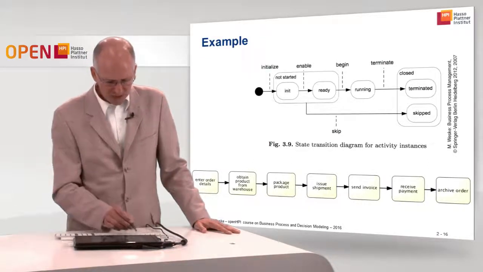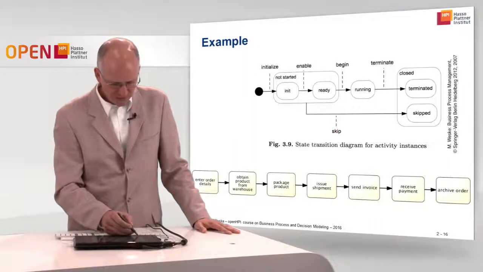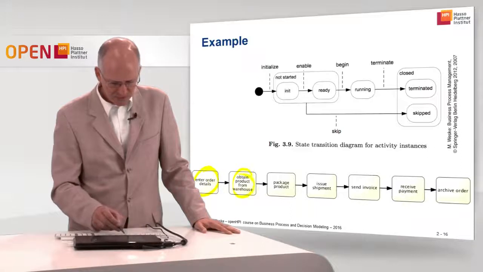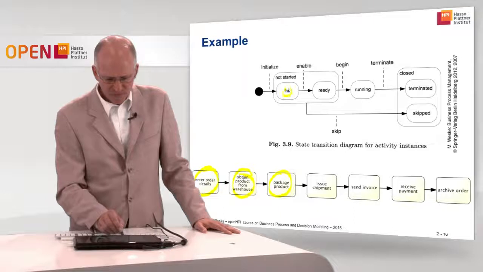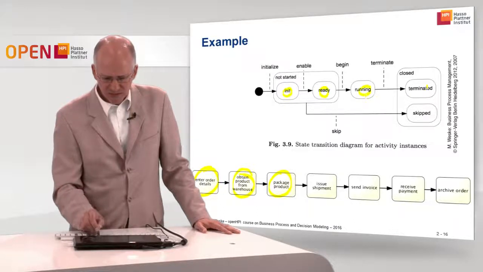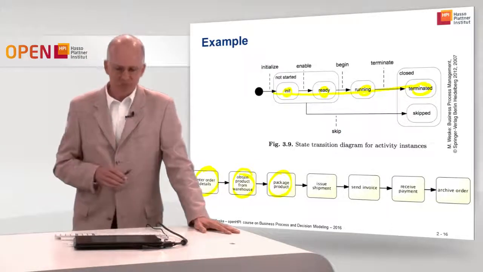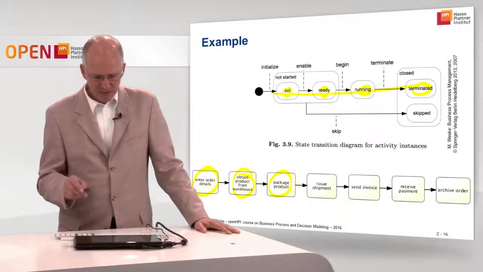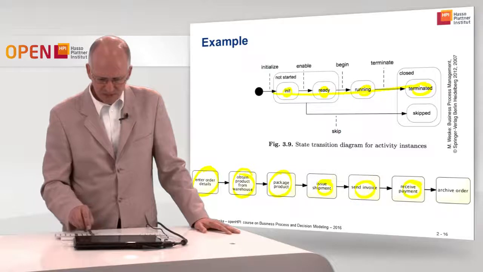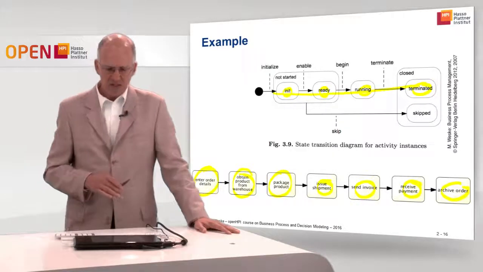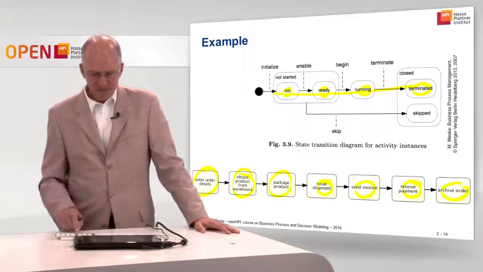All of these activities, enter order detail, obtain product from warehouse, and so forth, start in the init state, go to the ready state, go to the running state, and go to the terminated state. So they have these sequential state transitions from init to terminated. And when the whole process instance is completed, then all of these activity instances have terminated.